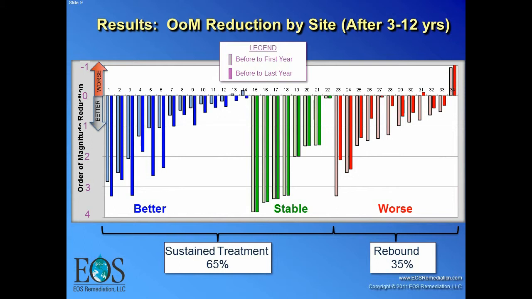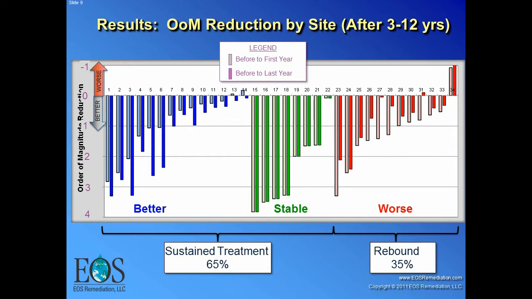On the left-hand side, the blue colors, it looks like maybe 14 of the sites actually improved over time, so you're getting better and better treatment. In the middle, 5 or 6 or 7 sites, removal efficiencies were stable.